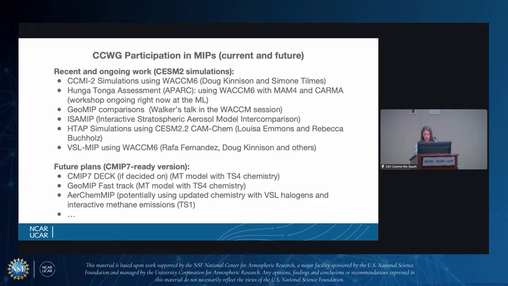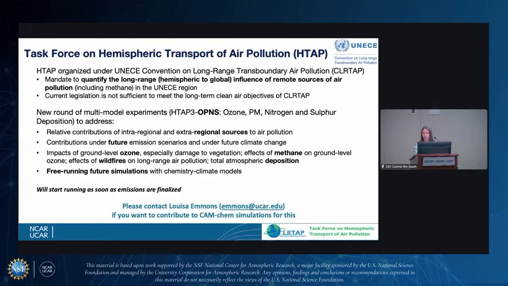But I think a lot of people are very keen on finishing CSM3 and performing standard simulations, also contributing into these future MIPs, GeoMIP, AirCom MIP, and so on. One thing that is already ongoing no matter what is the HTAP simulations, as I said before, and I went really quickly over it. Luisa and Rebecca are leading those, and if people in the community are interested to help with those, to perform simulations and analyze them, that would be really appreciated.